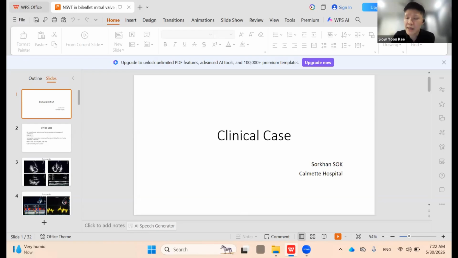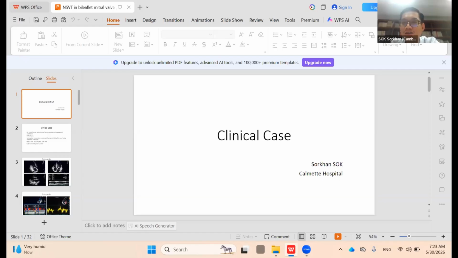The second question that I would like to ask is, what were your factors to decide in the beginning why you chose the transseptal approach instead of the retrograde transaortic approach during your first ablation?